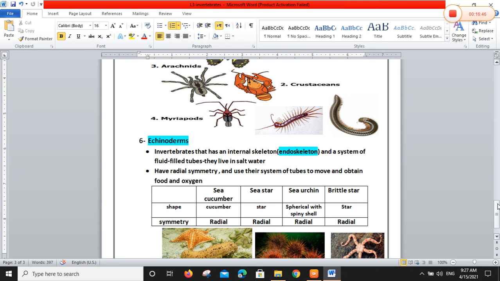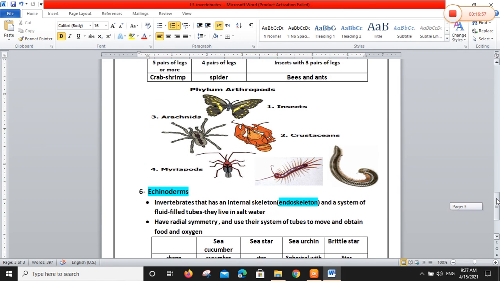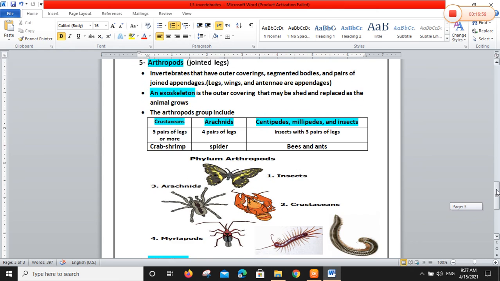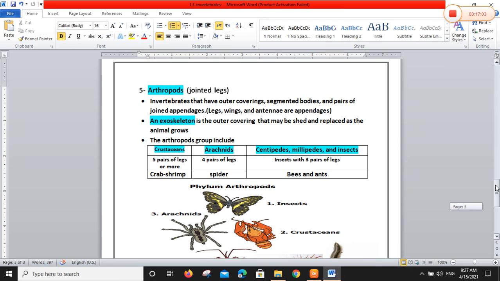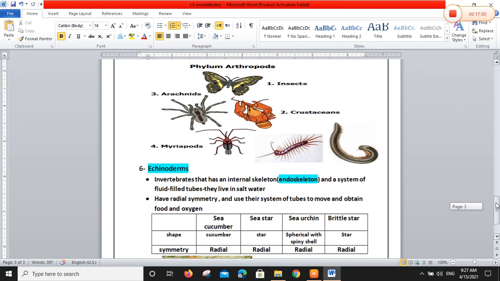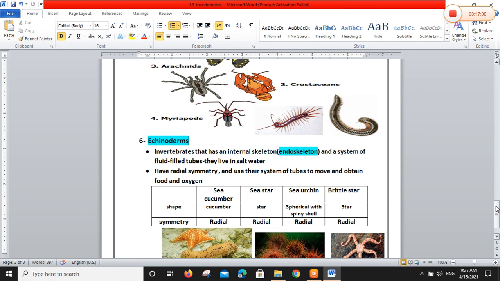Okay, last group, echinoderms, on page 153. Echinoderms are also invertebrates, but have an internal skeleton, an endoskeleton, not like arthropods with an exoskeleton. If you compare arthropods and echinoderms, arthropods have an exoskeleton, an outer covering, and echinoderms have an endoskeleton, an internal skeleton, and a system of fluid-filled tubes.